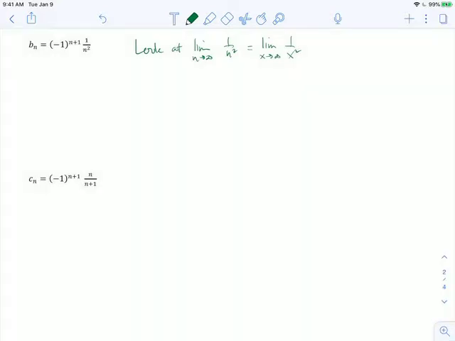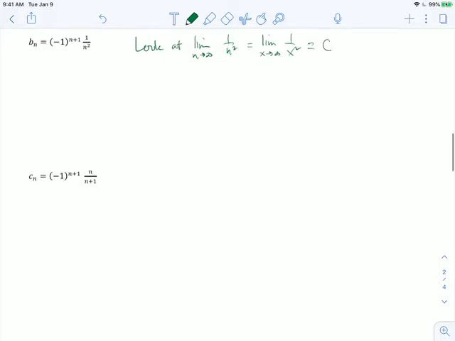And we know that as x gets really big, x squared gets really big, and the reciprocal is going to get really, really small, and so that limit is equal to 0. And so by our result on alternating sequences, we get to conclude that the limit as n goes to infinity of (-1)^(n+1) over n squared equals 0 as well.